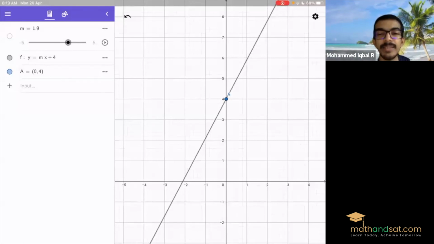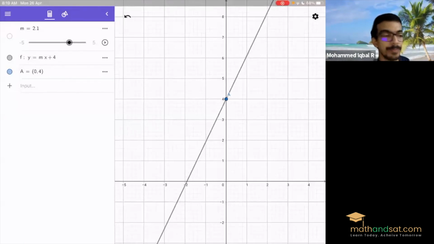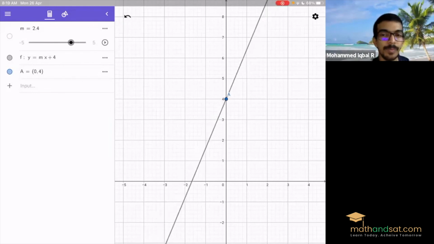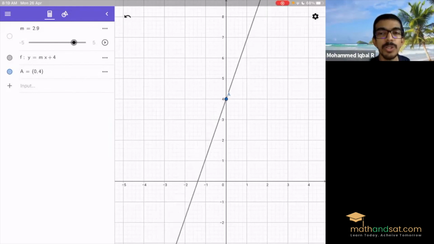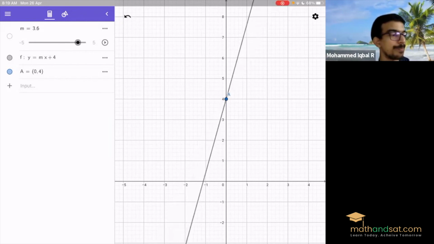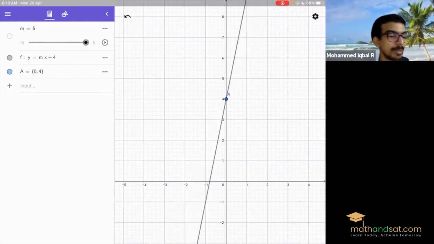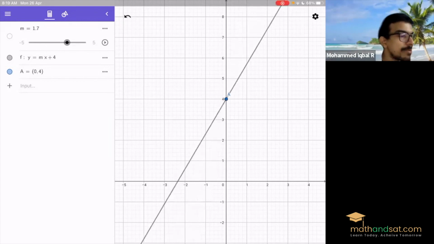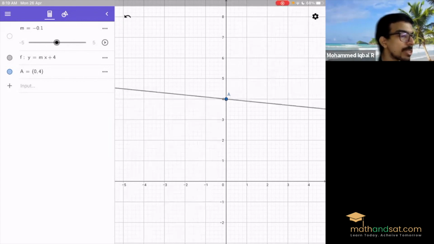The line is getting steeper, right? So this corresponds to positive slope. What happens when the slope goes from 0 to a positive number?